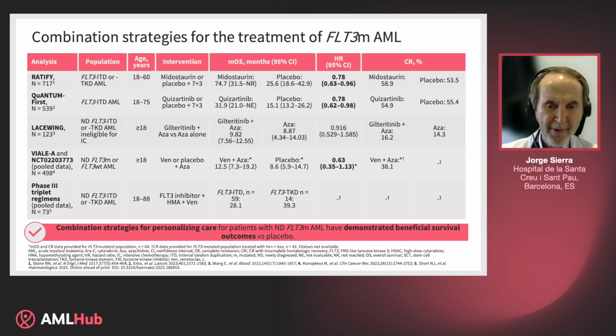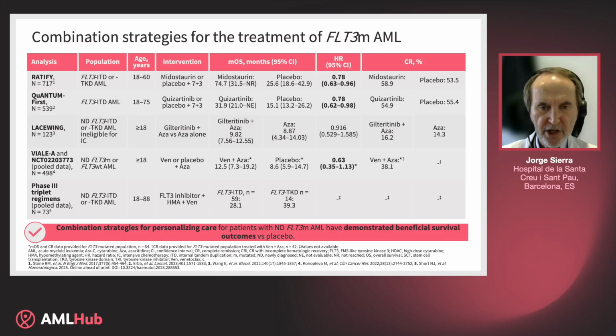This table summarizes the most important trials with FLT3 inhibitors. The first and the oldest one is the RATIFY in patients up to the age of 60, in which midostaurin was compared to placebo after induction, consolidation, and transplant, and showed a reduction in relapse and death.